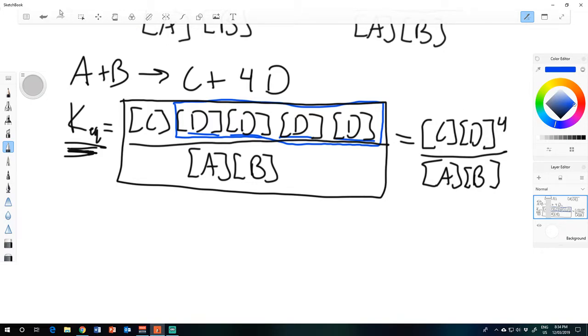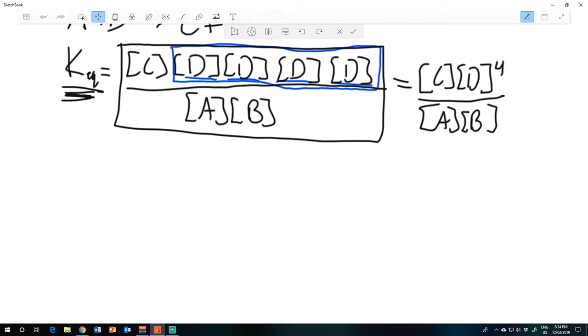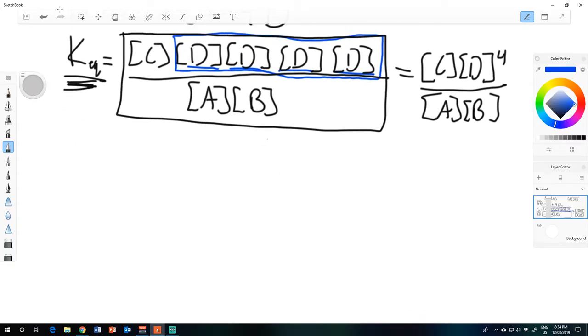Okay. Now, in last unit, when we were discussing ice tables, a lot of you guys kind of had issues with setting that up, but let's talk about them again.